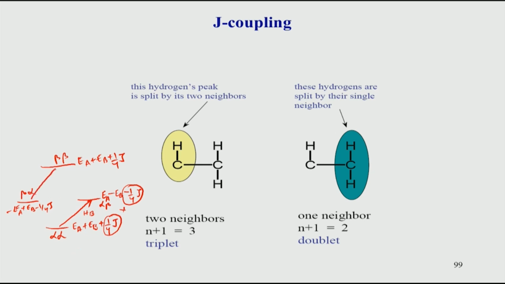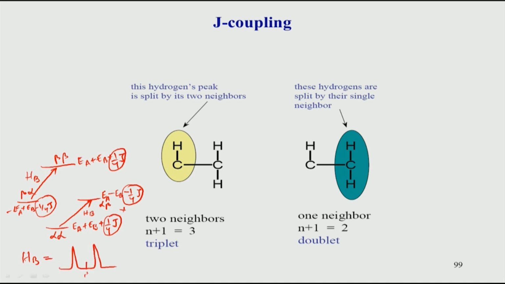Now, if you look at this transition here, this is another transition corresponding again to H beta, because H alpha is constant, H beta is taking a change transition, and because of this the two energy levels. Now, if you look at this difference here, this minus this, because of this additional term, it has gone down by 1 by 4 J. Similarly, if you look at alpha alpha minus alpha beta, it has gone up by 1 by 2 J. So, basically the H beta peak has got split into 2 now.